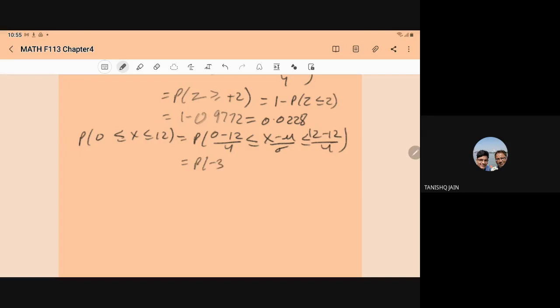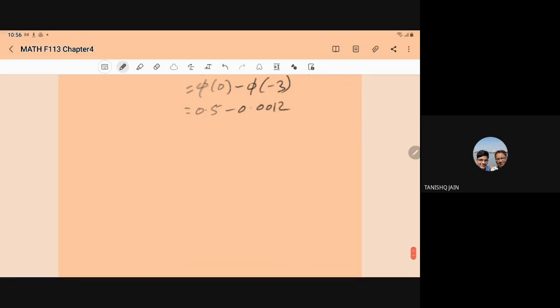So from minus 3 to 0, that is phi of 0 minus phi of minus 3. Its value you can write as 0.5 minus 0.0012.